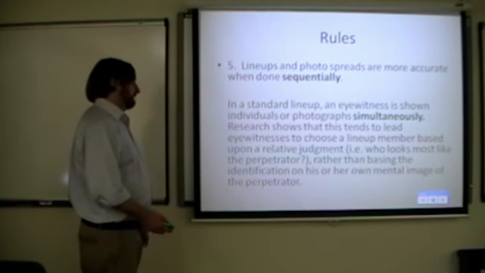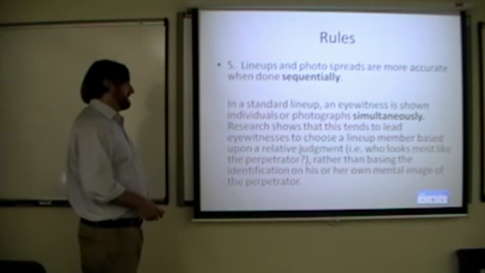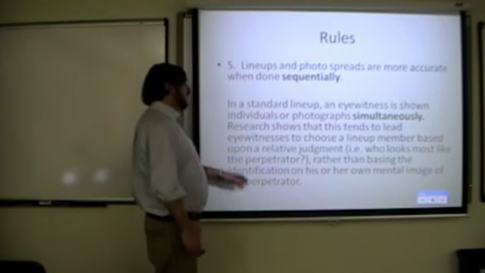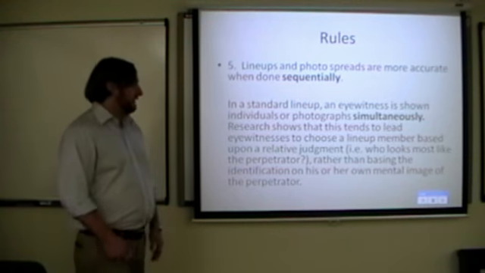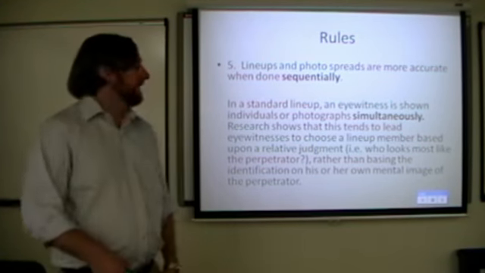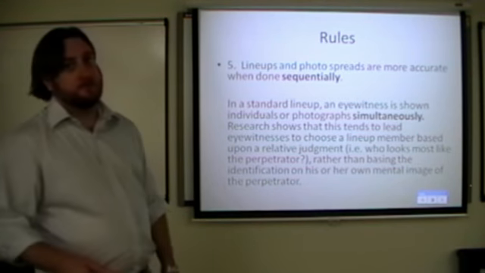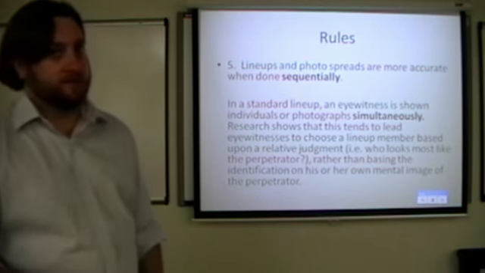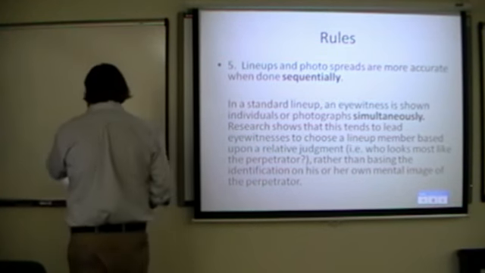When you do that, research shows that this tends to lead eyewitnesses to choose a lineup member based on relative judgment, like who looks the most like the perpetrator, instead of basing the identification on their mental image of who the perpetrator is. But it would be so easy to do.